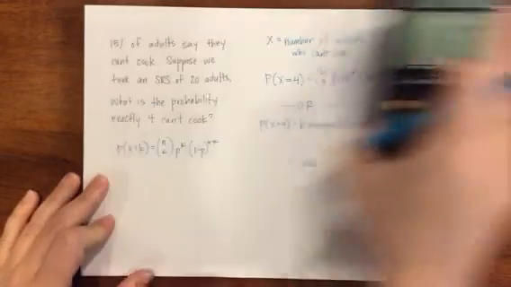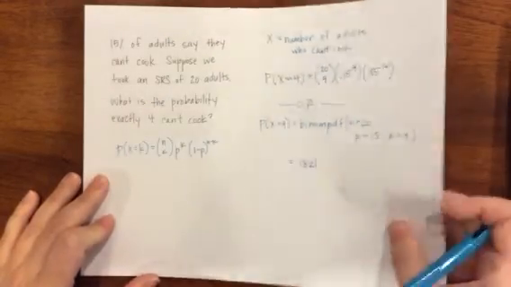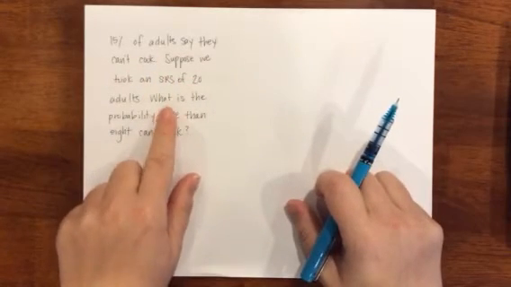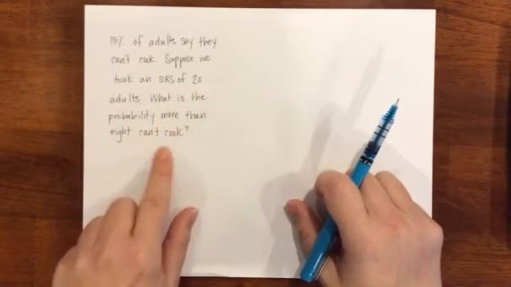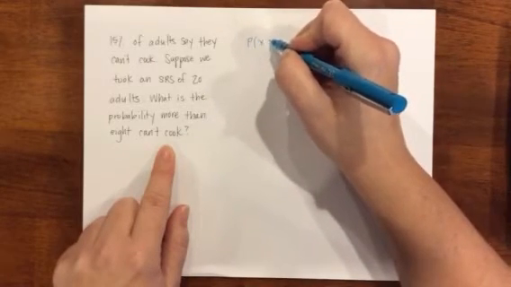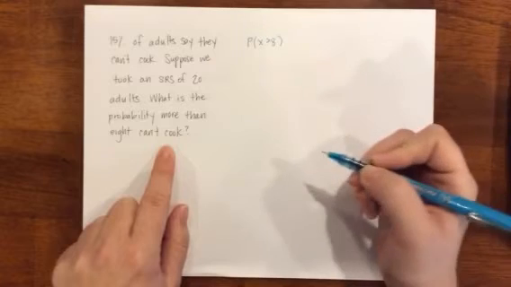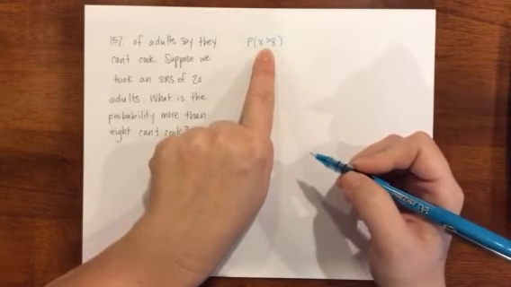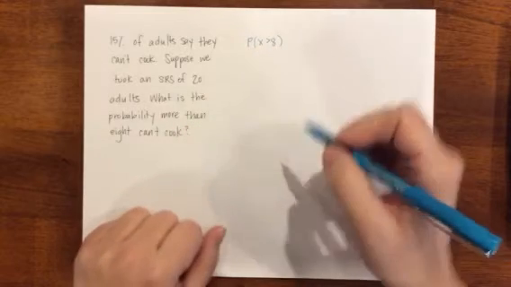All right, let's try another one. 15% of adults can't cook, same problem. What is the probability that more than 8 can't cook? We don't like writing it like this. We like to write it as an inclusive inequality because it makes it easier for the calculator.